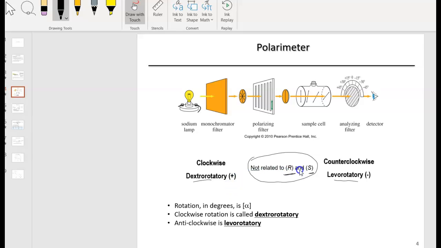So an R enantiomer could be dextrorotatory or levorotatory, and similarly an S enantiomer could be dextro or levo. You cannot predict that unless you perform the experiment where you take the plane polarized light, pass it through the sample tube, and measure the magnitude of the rotation of the plane polarized light.